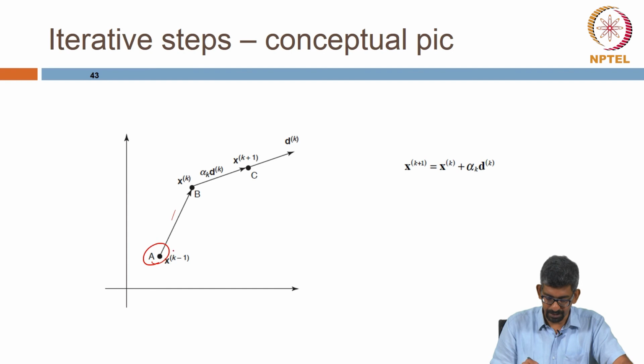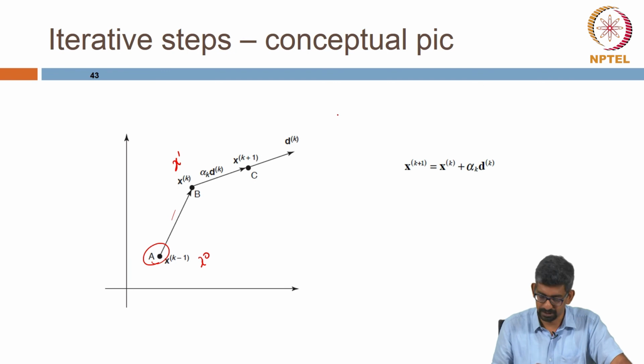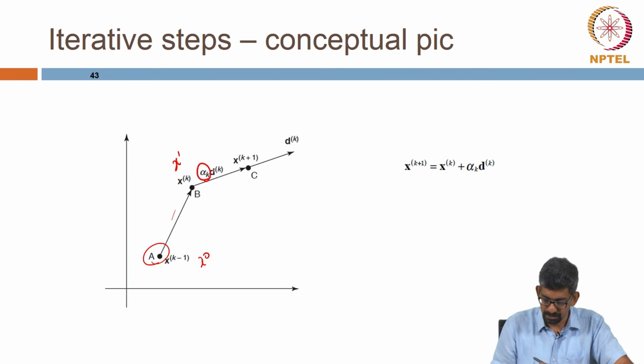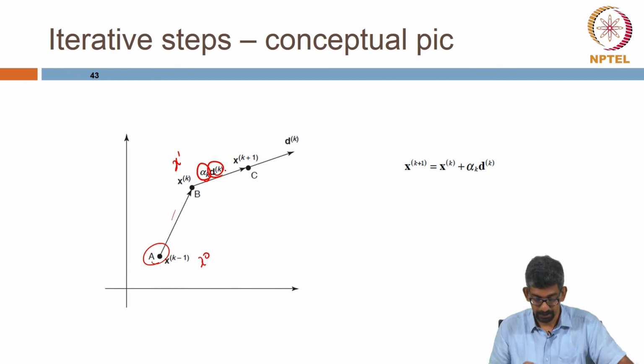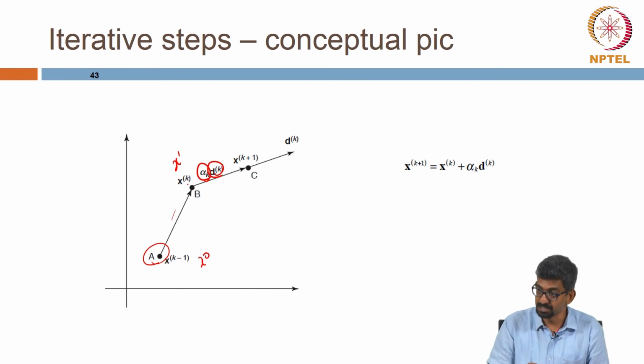This is how it works, it is just a pictorial representation. You start from k minus 1, you can call this x naught. Then this will be your x1, then this is alpha k dk, then you go to k plus 1, you go to k plus 2, you keep continuing like that. So, this alpha is your line search, this d is your direction. Please understand, only from here to here it is in this direction. When you went to that point, the direction is something else.